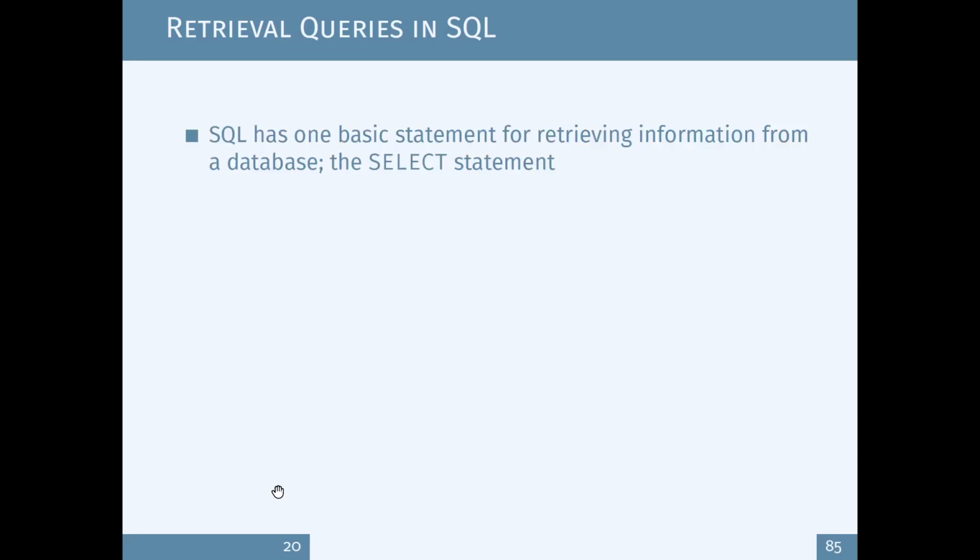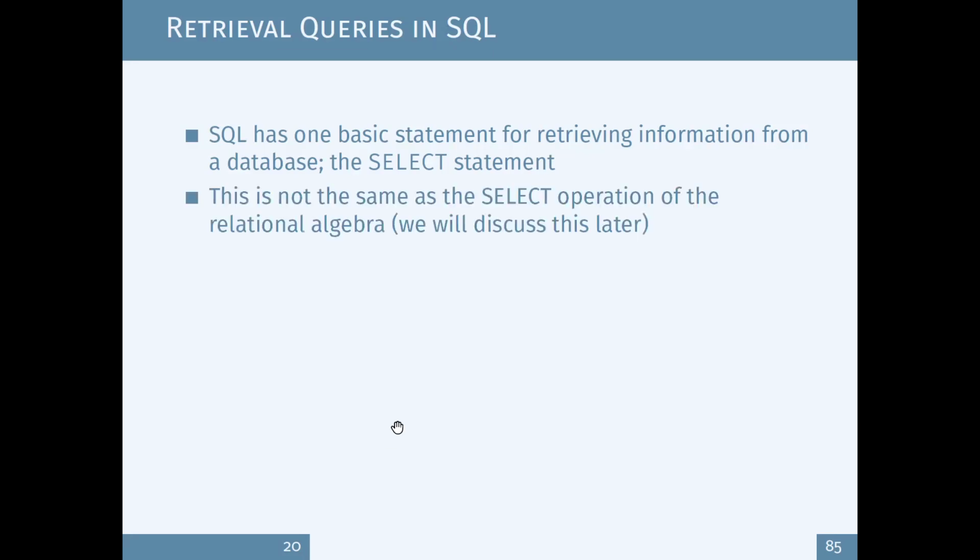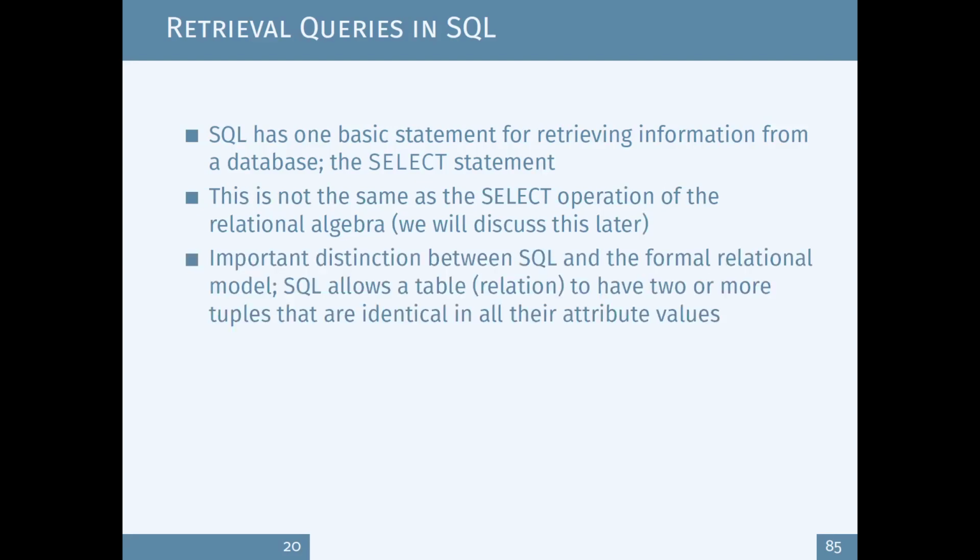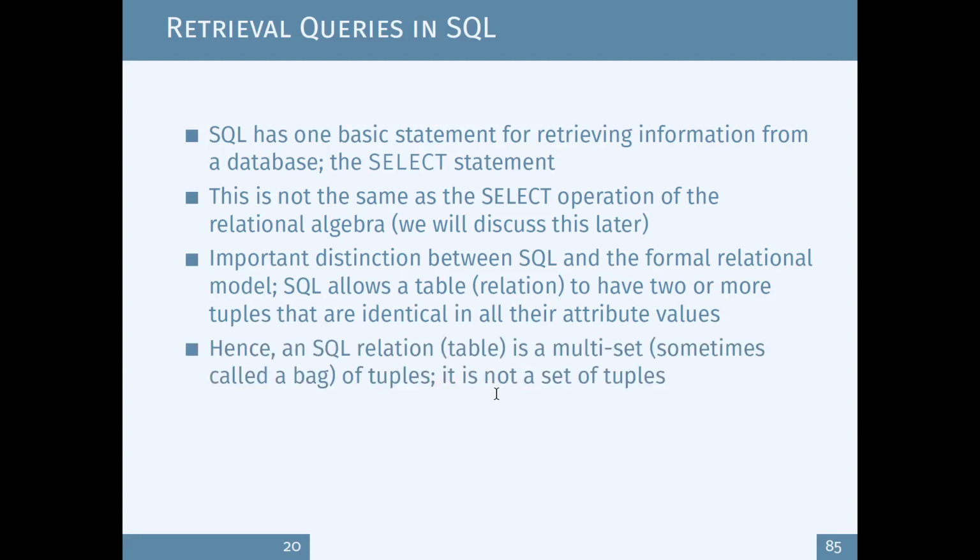Now, the basic statement that we are going to retrieve data is called select statement, right? So when you select, we can get data from 2 or more tables. And then depending on that, we will get the outcome, right?